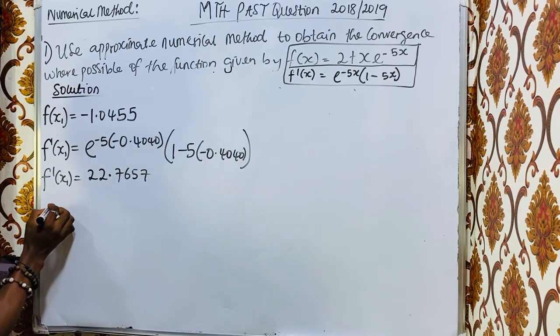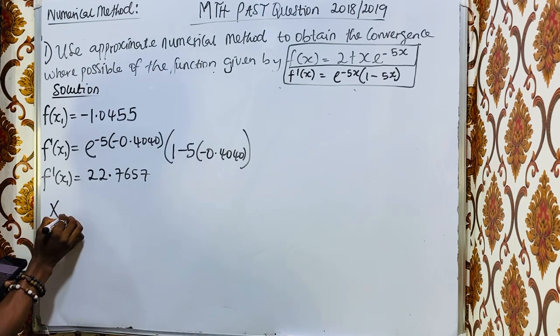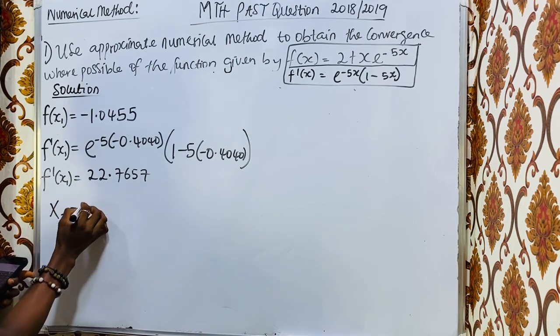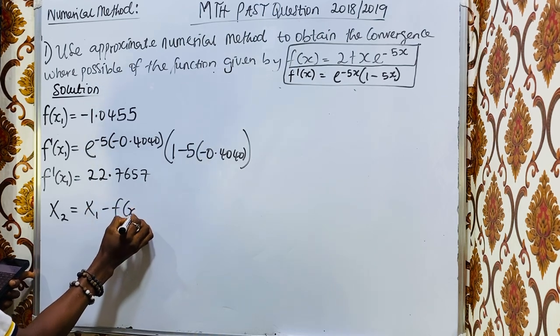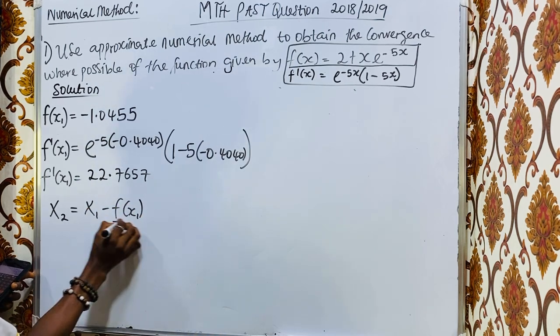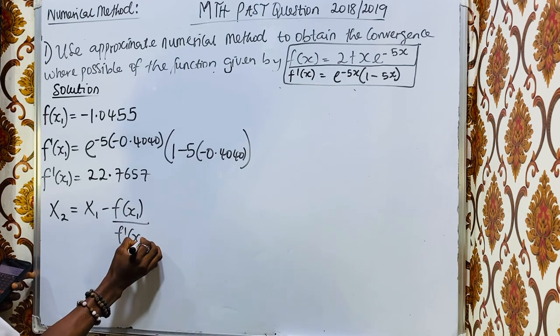You know the formula we gave you now. So x1 plus 1, which is now x2, will be x1 minus f of x1, all over f prime of x1.